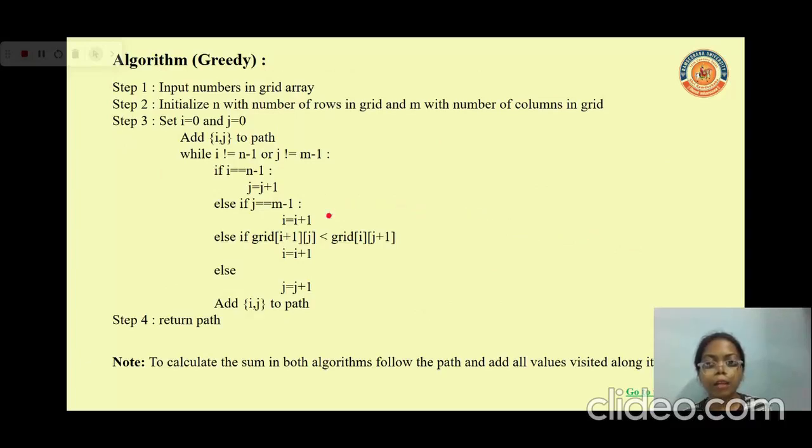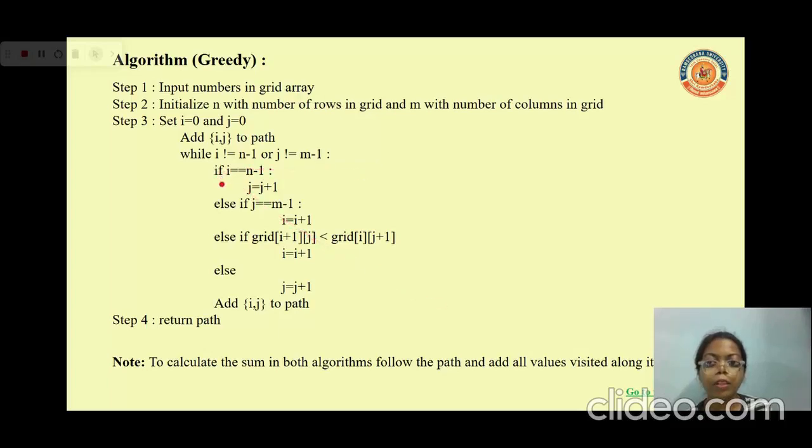And now this is the greedy algorithm. In the greedy algorithm we are not starting from the bottom right corner, we are starting from the top left corner. So we will start from 0 comma 0 and check whether it is the bottom right corner or not. Until then we will repeat these steps.